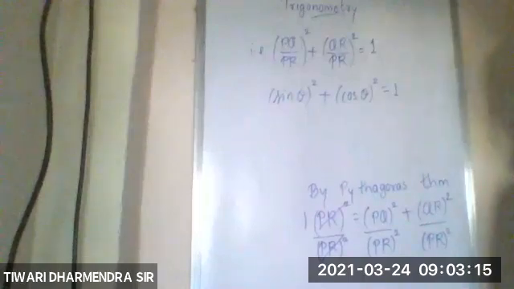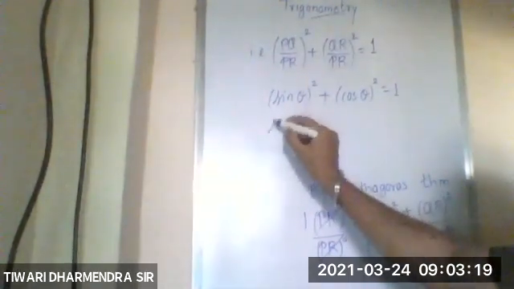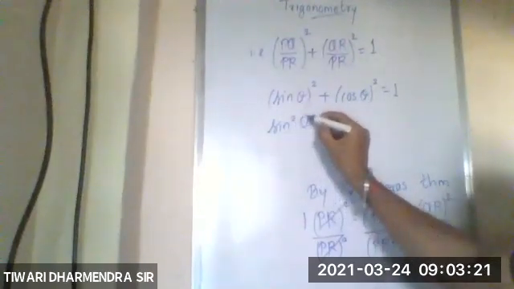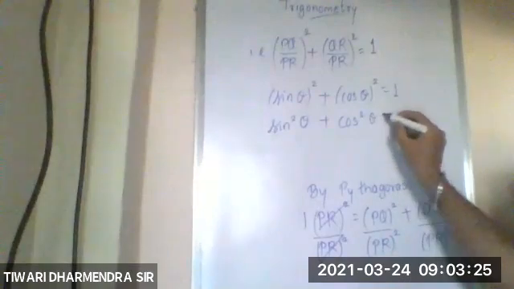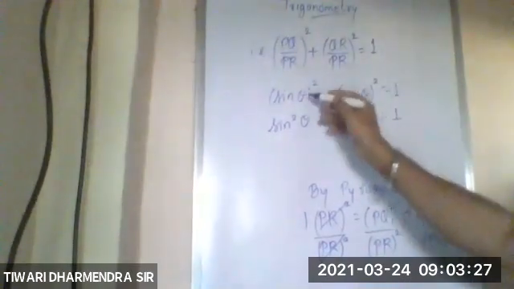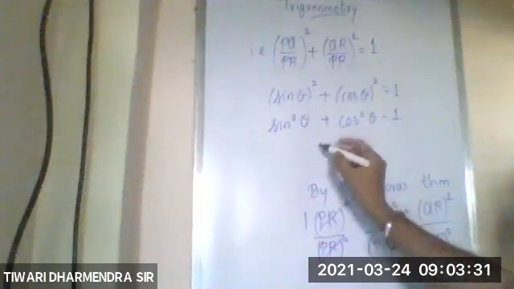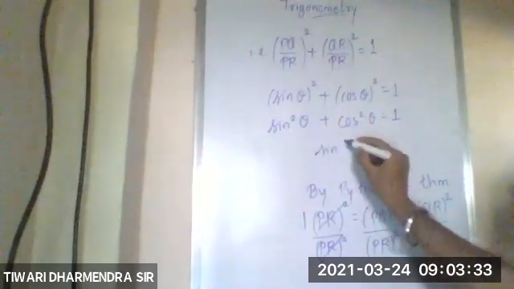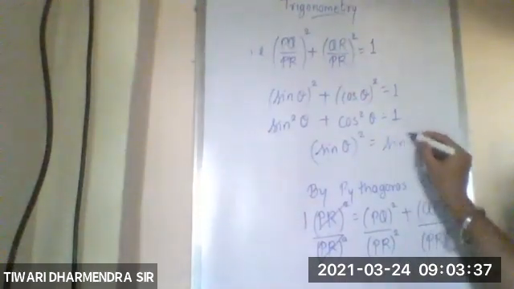Now we can write this as sine square theta plus cos square theta is equal to 1. Sine theta the whole square is the same as sine square theta.